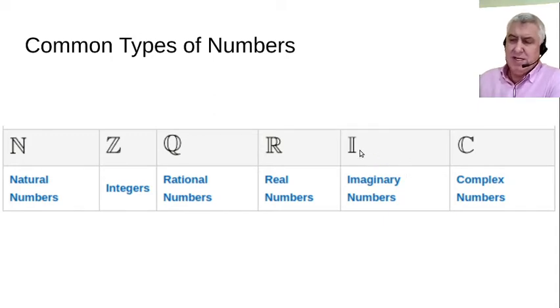We haven't really gotten to imaginary numbers or complex numbers yet. When I'm typing these out, a lot of times I don't use the actual font style, so we may just use a capital N, a capital Z, a capital Q, and a capital R. You'll see those, but you'll need to remember what they mean.